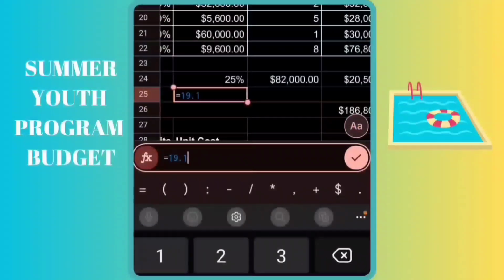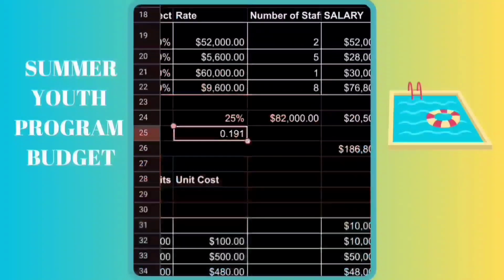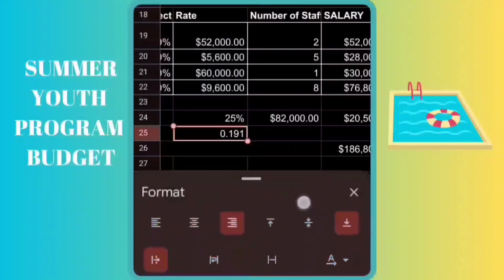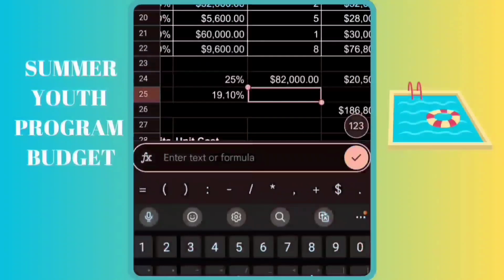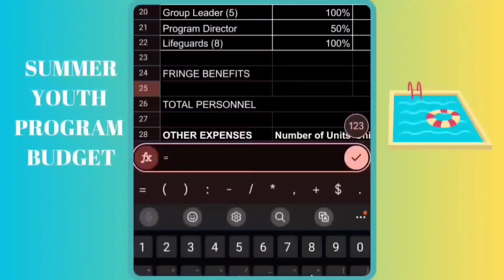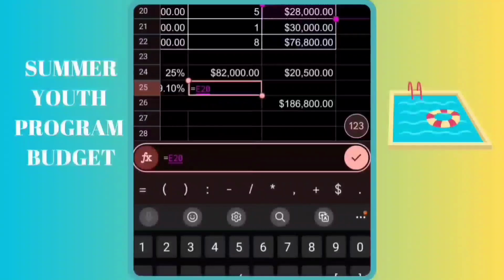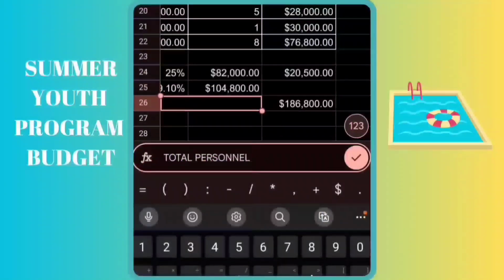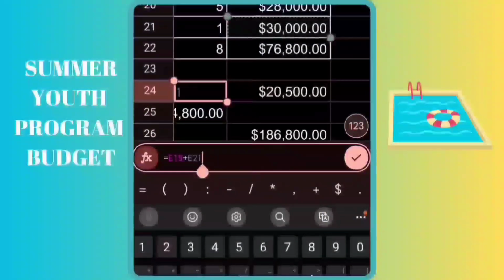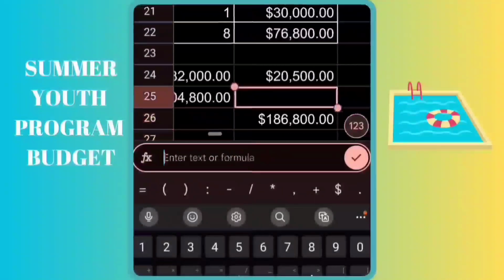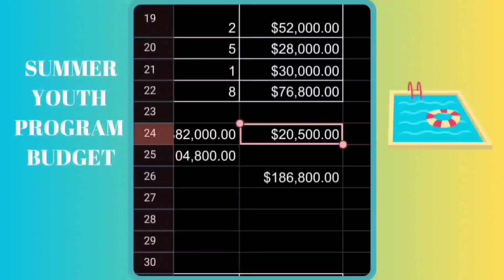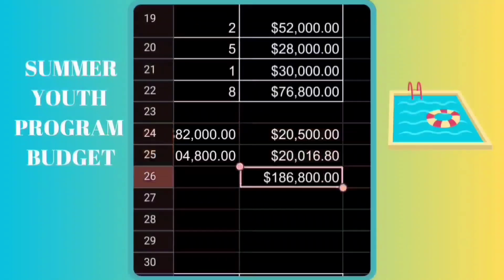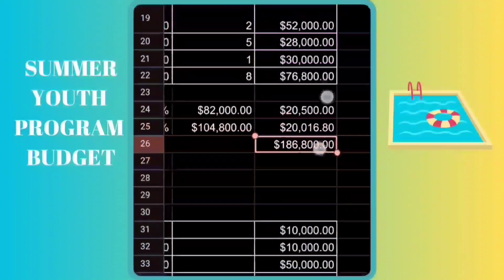And because their fringe benefits will really only include FICA costs, which is type of federal income tax expense that businesses have to pay, theirs may be 19.1%. And so we are going to add those salaries together to give us the base. And then we're going to multiply the base by the rate. I'm just going to move the formula, autofill the formula downward.